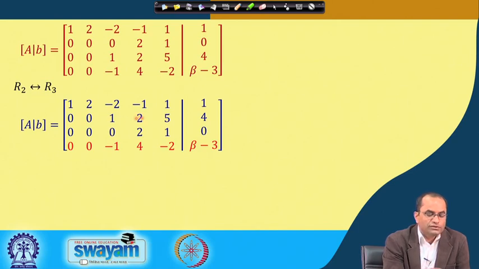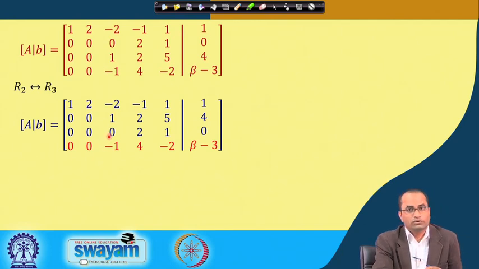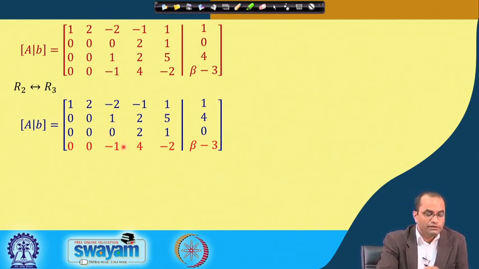With the help of this new equation 2, which was equation number 3 before but has now become equation number 2 by this interchange, we will set this element to 0. This is already 0 again, only we have to set this to 0 to eliminate x3 now. x2 is automatically eliminated by the first operation itself, and now we are trying to eliminate x3. So x3 from this equation is eliminated, that is also automatic, and now this we will eliminate with the help of equation number 2.